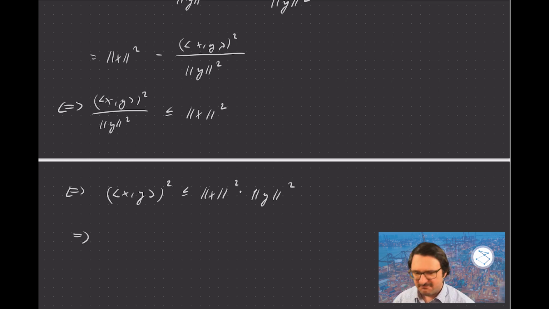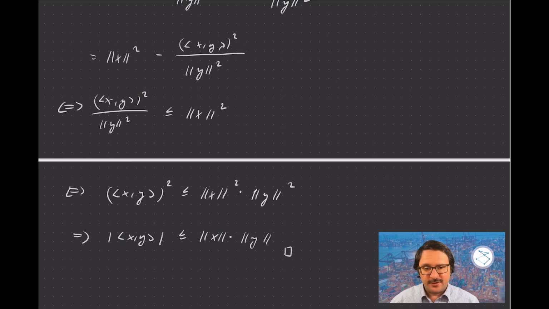And that is the squared version of this inequality. So by just taking the square roots, we can then be sure that this inequality, the CSI, actually holds. So this completes the proof. And as you saw, we worked with the first property of the scalar product, we worked with some properties of the norm, and we worked with the bilinearity. That was the most important one here.